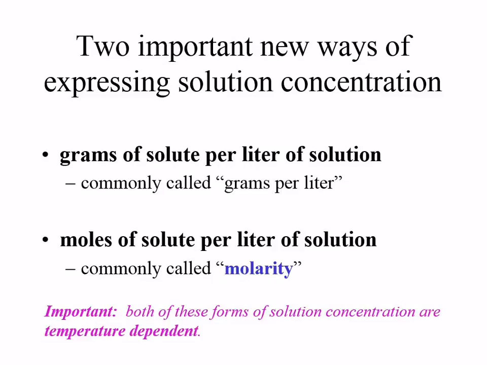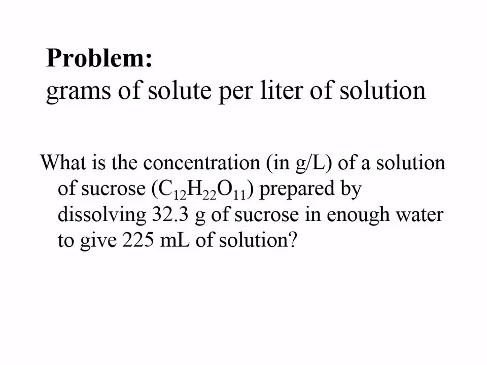The crazy thing is when it transitions from a liquid to a solid, it expands. So these are temperature dependent. Let's work a problem, and we're going to knock out how concentrated the sucrose solution is, first in grams of sucrose per liter of solution, and then in moles of sucrose per liter of solution.